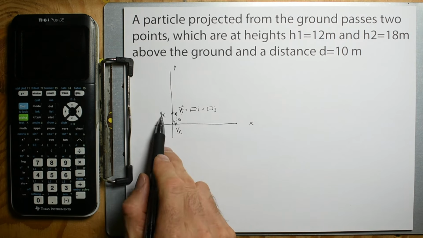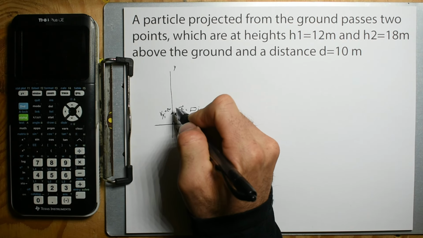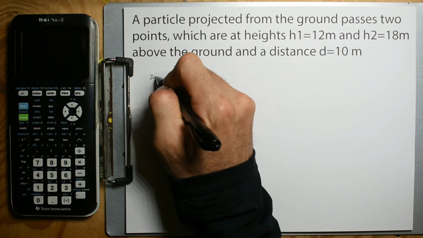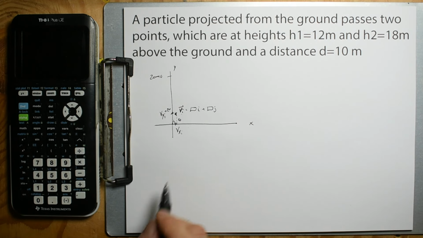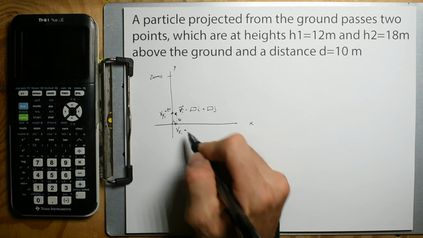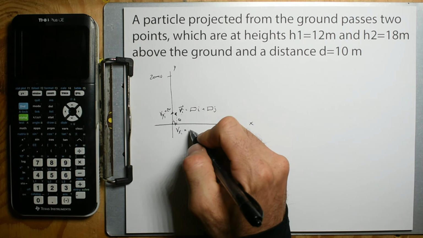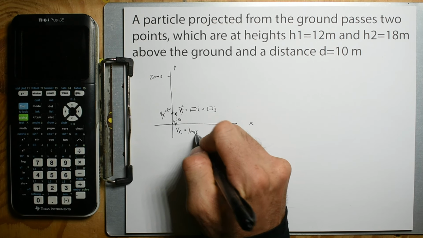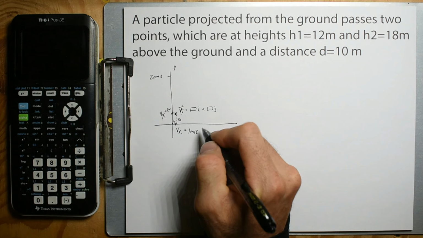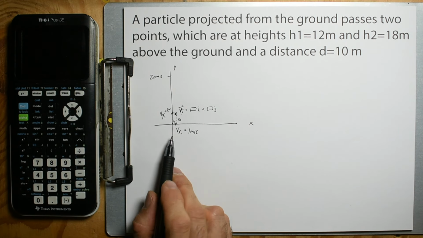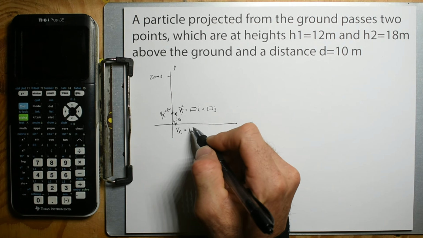Cool. If we have an initial velocity of 20, then it's going to get to a final height of 20 meters. If we give it an initial speed this way, let's just give it an initial speed of 1 meter per second. That's the simplest thing that we can do, just because it's a base unit.